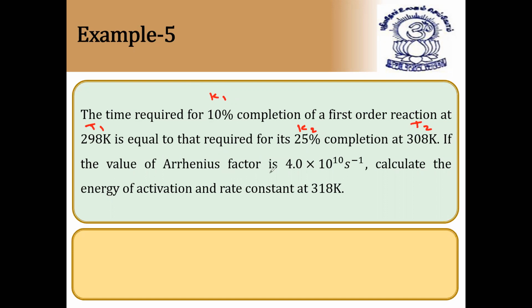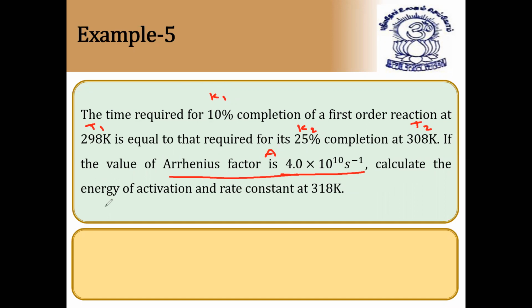The value of the Arrhenius factor A is also given, 4 into 10 to the power 10 second inverse, and they are asking to calculate the energy of activation and also the rate constant at 318 kelvins. This is a very, very typical problem.